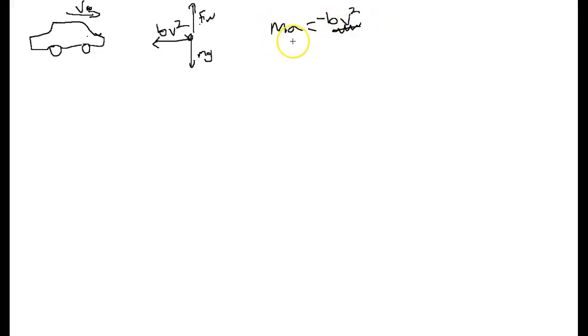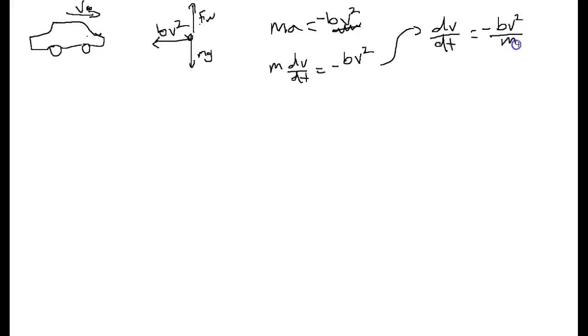We replace a with dv dt, so m dv dt equals negative bv squared. We divide the m over, and we get that dv dt is equal to negative bv squared over m. Okay, so we've done the first part: we wrote that differential equation.